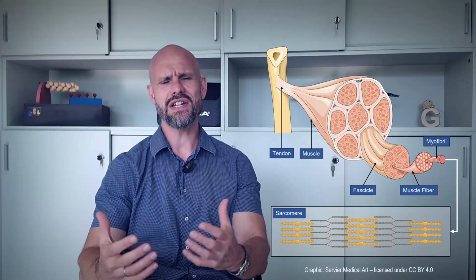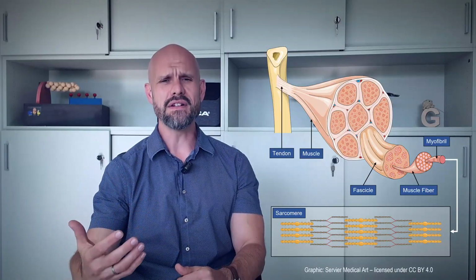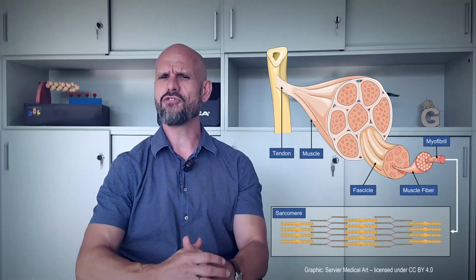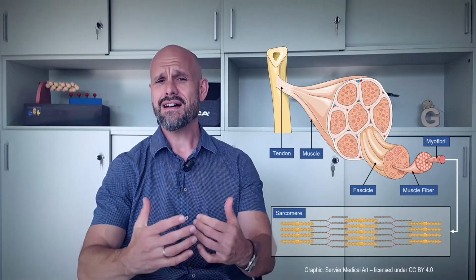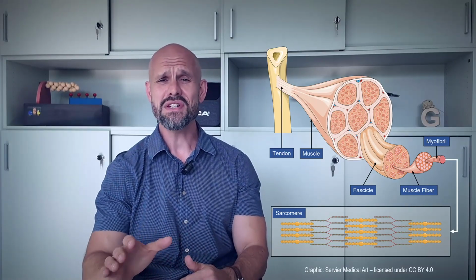One of the most fascinating features of skeletal muscle is how it's built. Skeletal muscle has a beautiful layered structure. At the top is the whole muscle, the macroscopic structure you can actually see, touch and of course train. But that muscle is made up of bundles called fascicles, and each fascicle contains many long cylindrical muscle fibers, also known as muscle cells. This is often misunderstood.